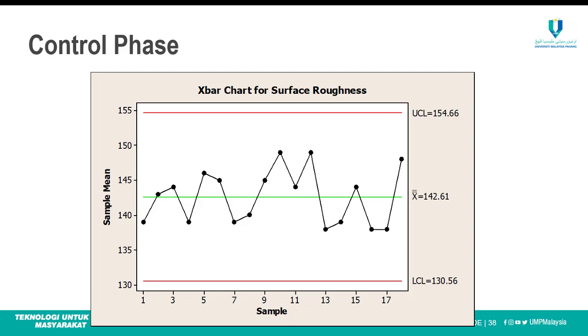So we continuously control the process. If we find any non-random pattern, we need to further investigate the causes. Up to this level, normally if the data is within the limit that we required and the variance has also been improved, we can conclude that our project has succeeded.